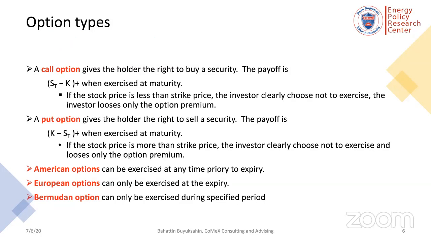A call option gives the holder the right to buy a security, and a put option gives the holder the right to sell a security, where the underlying interest is represented by a futures contract. The right to buy is actually the right to be long on a futures contract at a specified price level.